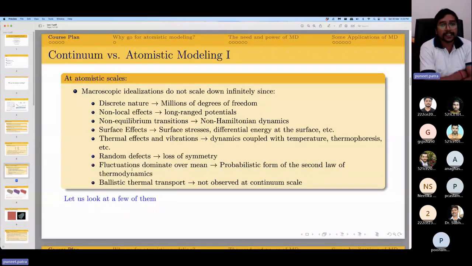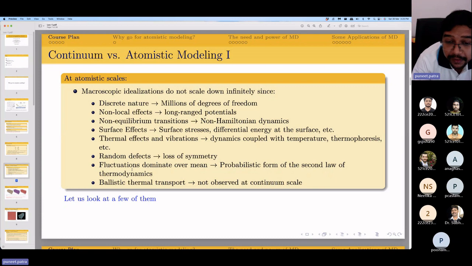Apart from this, there are other reasons why we cannot really go for the same kind of solution techniques that we adopt for continuum mechanics for atomistic scale mechanics. That is because, as I was just telling you, the true nature of material is discrete. It's not continuous.